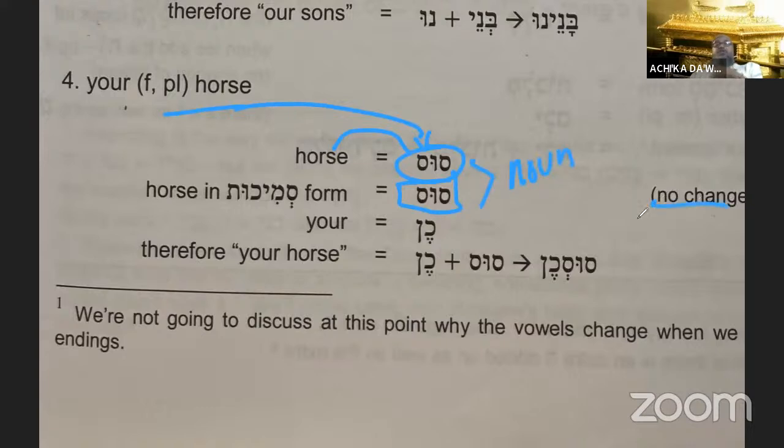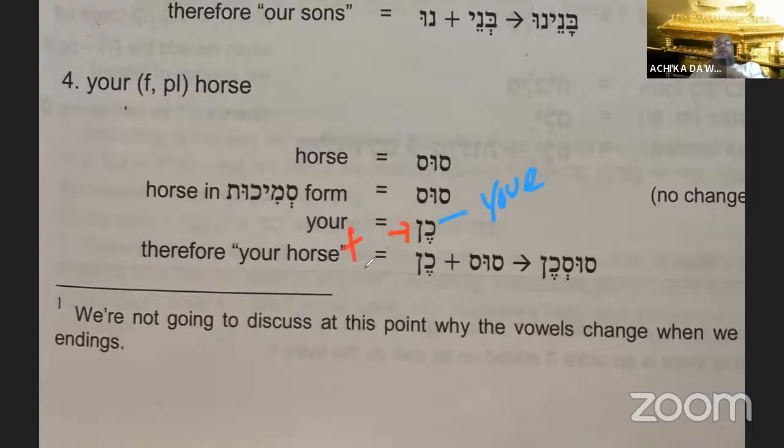There's no change. You're not supposed to change it. All you've got to do is just put your ending on it, which would be sus-ken. The reason why it's "ken" is because it is female, because this means "your," and then the noon right here on the end is female. If it was masculine, say it was a mem, what would it be?